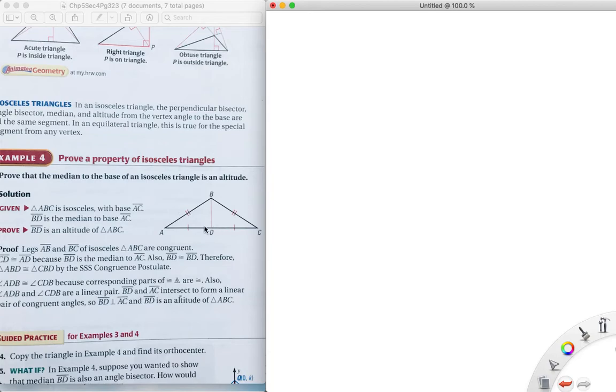Then I can say that these two angles are the same because of CPCTC. I also say that they form a linear pair, so using the linear pair postulate, they're supplementary. If they're supplementary and congruent, then they both equal 90 degrees. Since they're both 90 degrees, they're right angles, thereby making them perpendicular, thereby making it a perpendicular bisector.